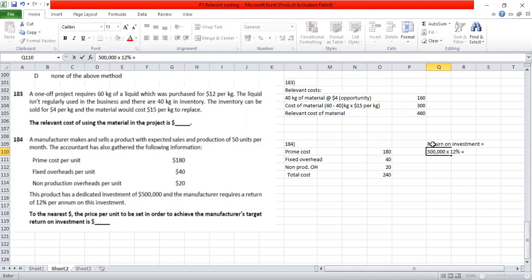But since the cost details are given per unit, we see that it is given as 180, 40, 20. These are all per unit. The return on investment is the total amount of return, 500,000 into 12%. So now what we have to do is divide it by the total number of units to find out the margin per unit. So 500 into 12.